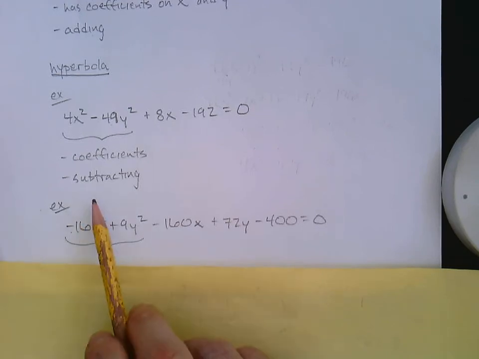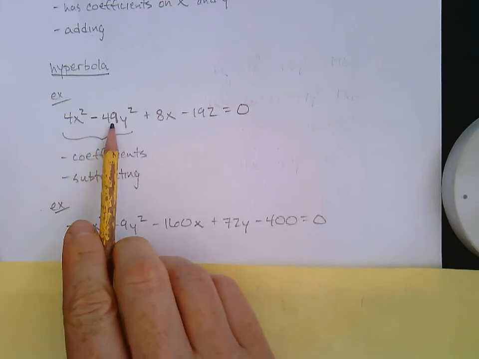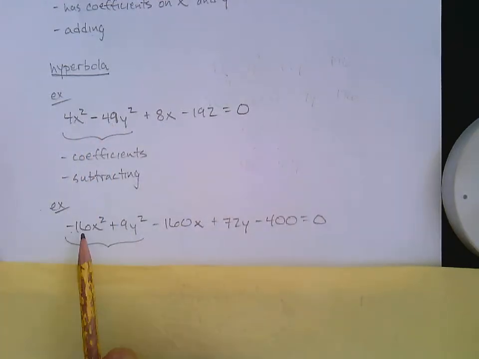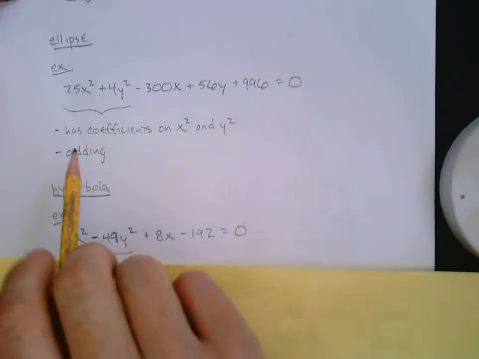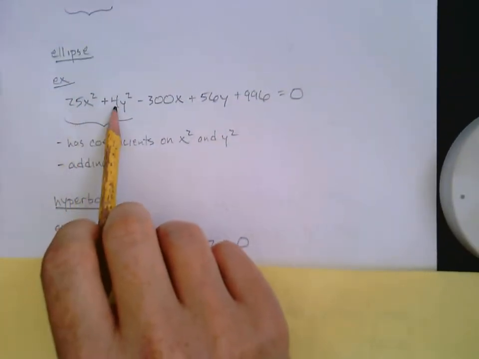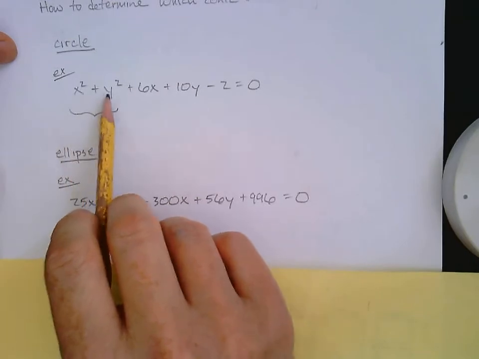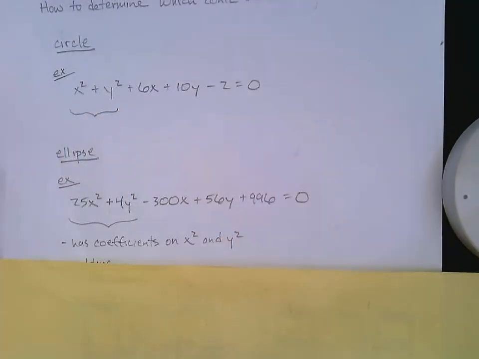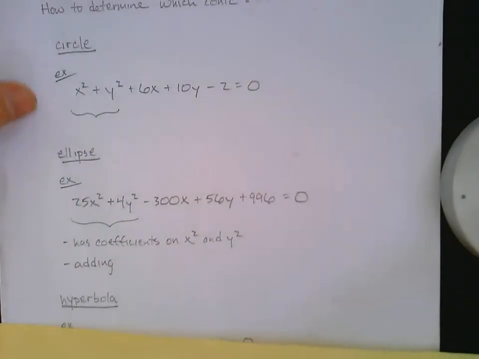So it's really not so much that you're subtracting. It's that one is positive and one is negative. Doesn't matter which one's negative. If one of them is negative, then you've got a hyperbola. If they are both positive, then you've got an ellipse. And in the circle, both are positive, but there aren't the coefficients.